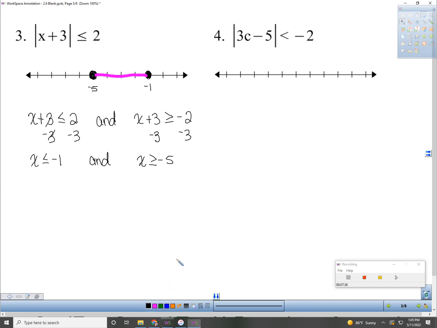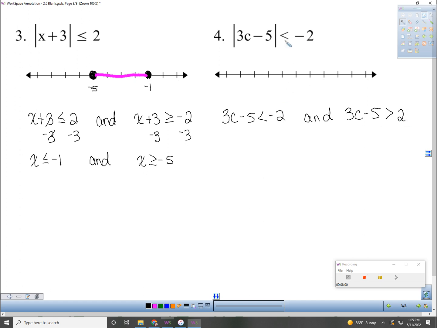All right, so on number 4, again, I see that my absolute value is by itself, so I set up my 2 problems. 3c minus 5 is less than negative 2. Notice, since it's less than, we have another and statement. And the other problem, 3c minus 5 is greater than positive 2.